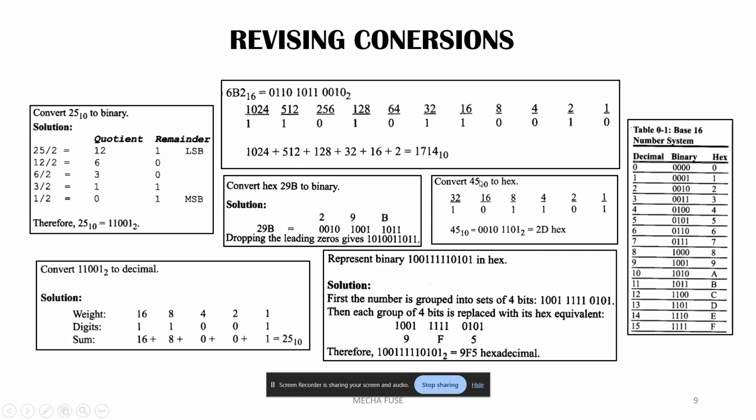Now convert decimal to hexadecimal. For it you can see a similar way here, and in this case convert binary to decimal. So you can start from here, 2 power 0, 2 power 1, and so on, and then add each other, and then you have the final answer.